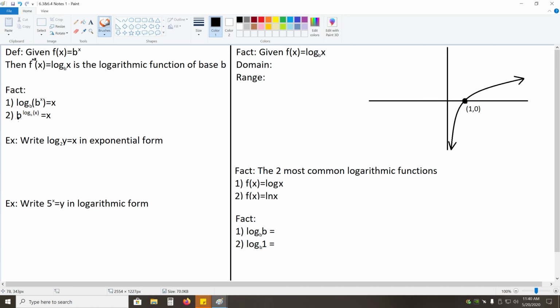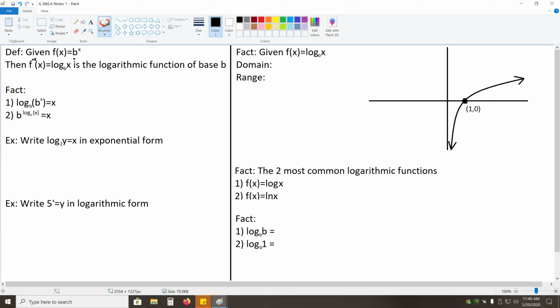And if you take b and raise it to the power of log base b of x, then the result also has to equal x. Whenever you plug inverses into one another, the result always has to be x in both cases. So this proves these two are inverse functions, no matter what base we're dealing with in these logs.